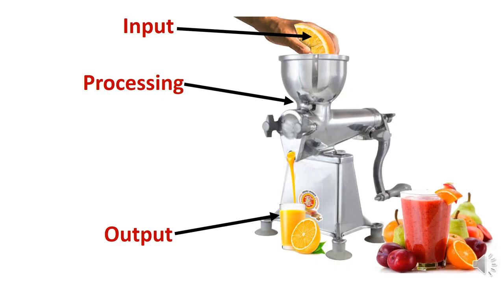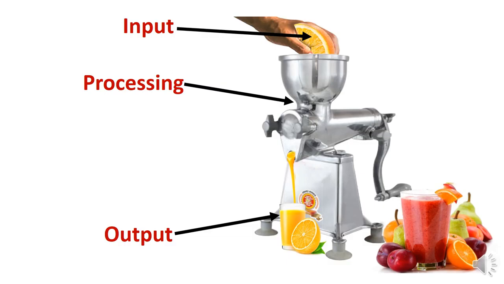Now here a question. If I provide a rotten orange to the juicer machine, am I going to get a fresh juice? The answer is no. Whatever orange I put into the juicer machine, accordingly I got the juice.